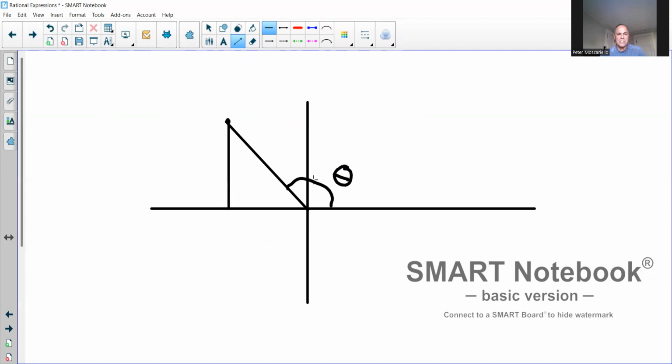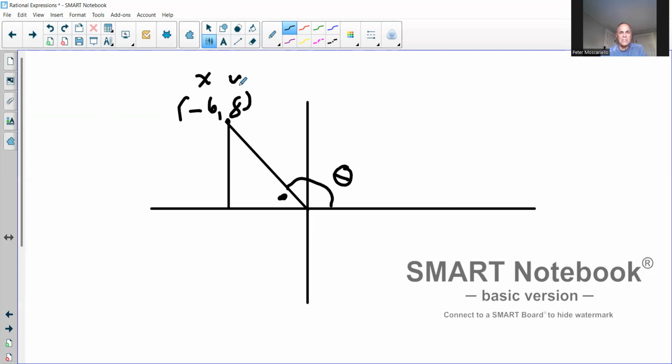So down to the x-axis, or if we happen to be here, we go up to the x-axis. Once we have that triangle of reference, we use this angle here. This was the point -6, 8, which is an xy point. So x is -6 and y is 8. And the hypotenuse by Pythagorean theorem comes out a perfect 10. That's all you need to know.